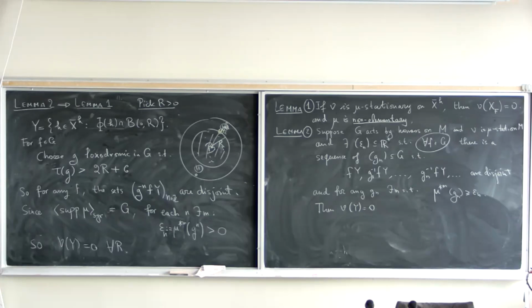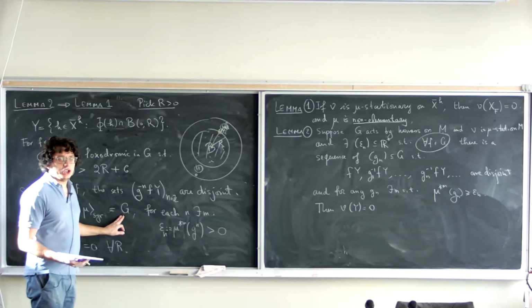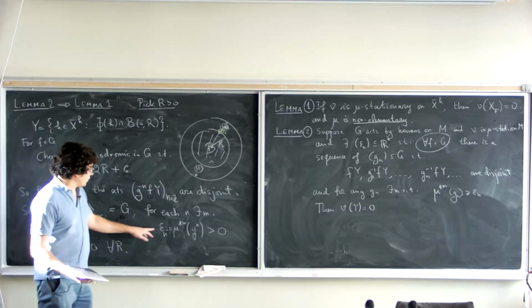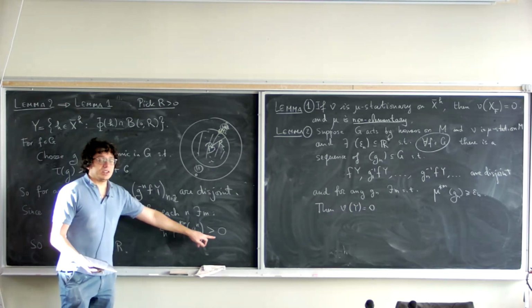Questions about the proof? The existence of such m is just because the semigroup generates the whole of G. So for each element in the semigroup, there exists m such that this is positive.